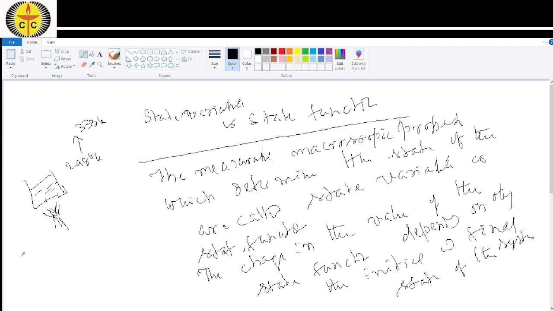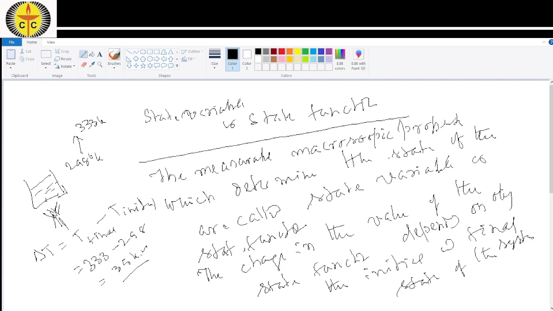The change in temperature, delta T, equals T final minus T initial, the final temperature minus the initial temperature. That is 333 minus 298, which comes out to be 35 K. So this change in temperature is 35 K.